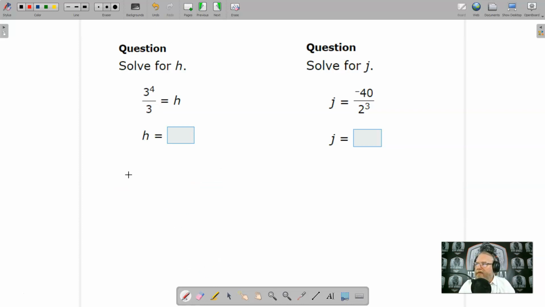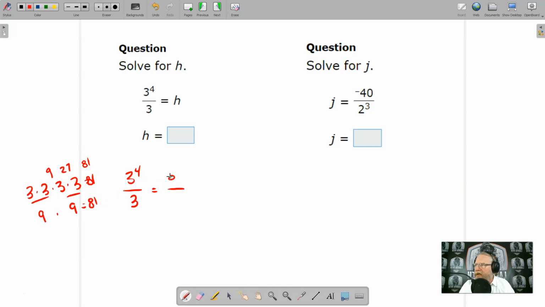All right, so let's simplify 3 to the 4th over 3. Let's go ahead and simplify the 3 to the 4th. Let me show you that little trick. I could do this the hard way and say 3 times 3 is 9, times 3 is 27, times 3 is 81, and I could get to 81 that way. Or I could say 3 times 3 is 9. 3 times 3 is 9, and 9 times 9 equals 81.